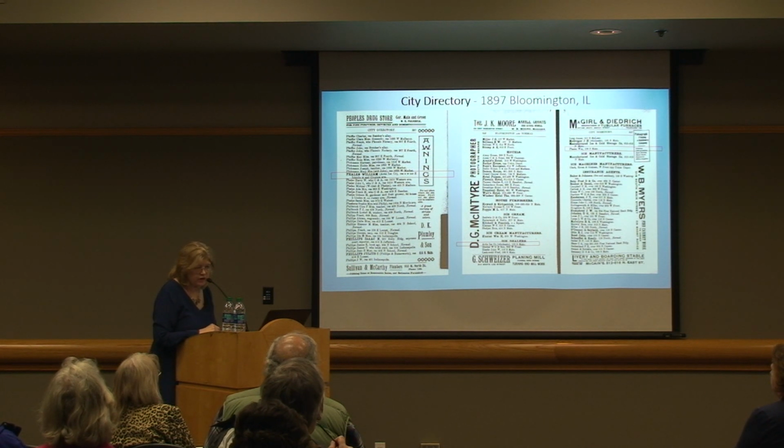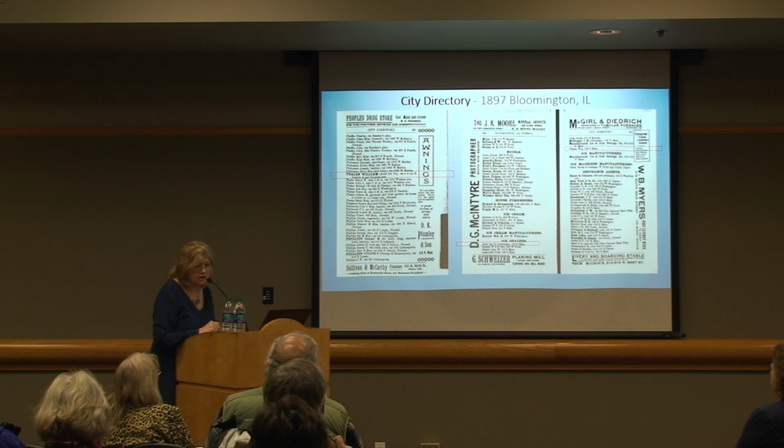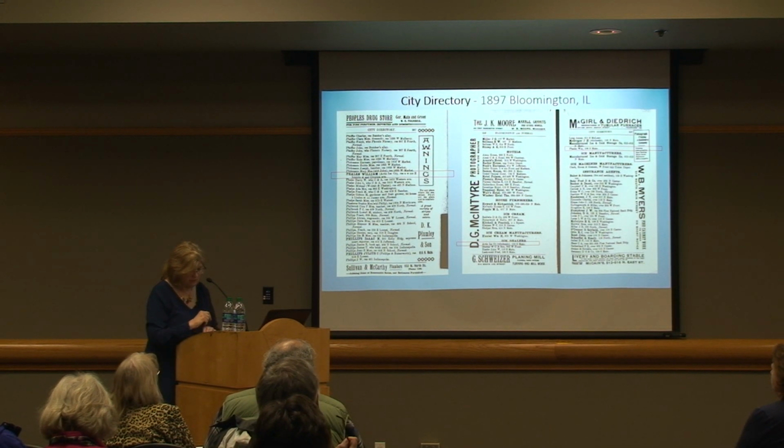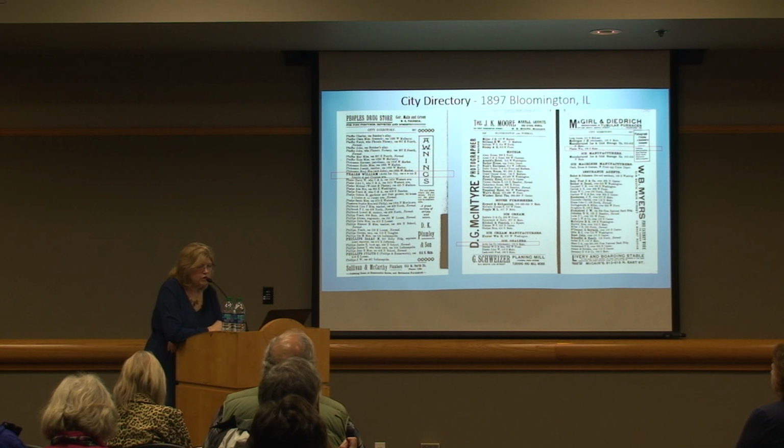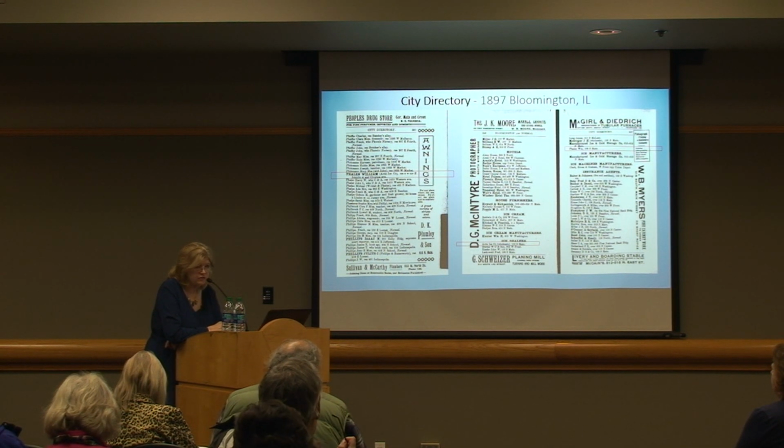A lot of times the wife was not listed. In the later city directories, they were, but in the 1880s and 1890s, they generally weren't unless they were a widow. And since these were usually produced on a yearly basis, it's a good way to find your ancestor around 1890.